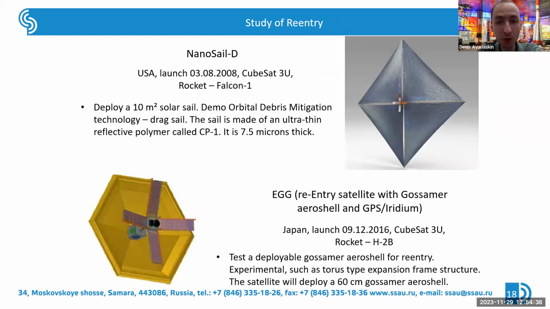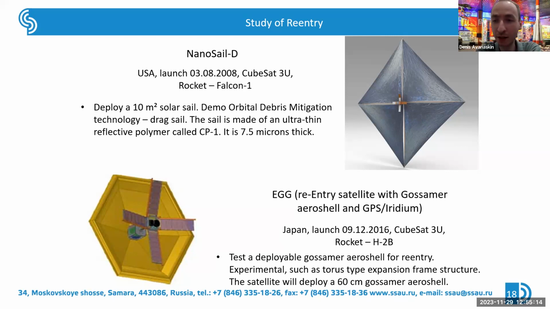Also, we can use a solar sail to make less debris of spacecraft in the orbit. So here are some examples of solar sails that help us to re-enter a satellite from the orbit to the Earth.